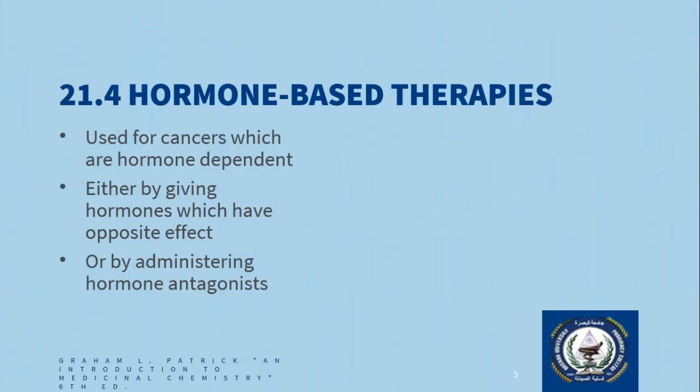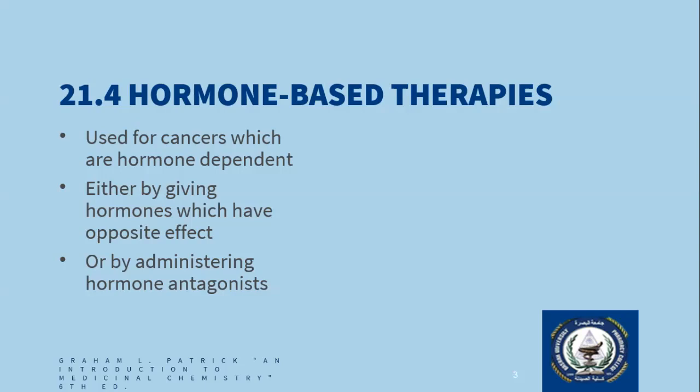Okay, so if we know which hormone the cancer needs to grow, we can either give another hormone which has the opposite effect, or administer a hormone that antagonizes the effect of the hormone that the cancer needs.